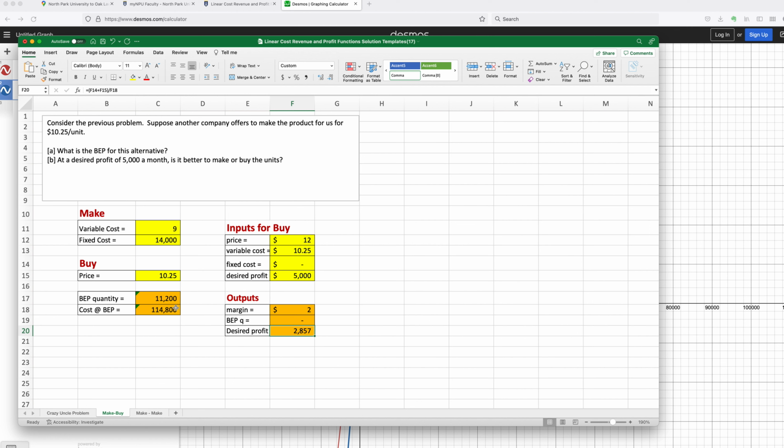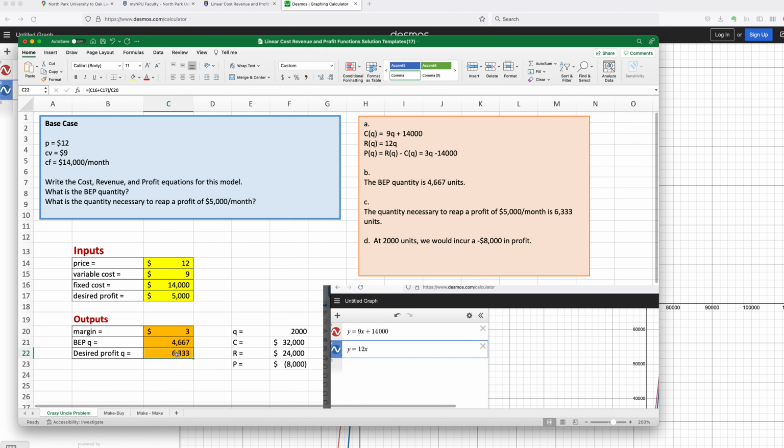Therefore, I would buy the product. Furthermore, to buy the product, I only need to buy and sell 2,857 to make $5,000 versus if I was to make it myself, I would have to make and sell 6,333.